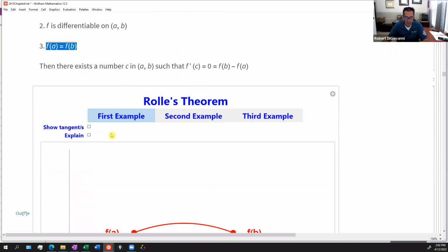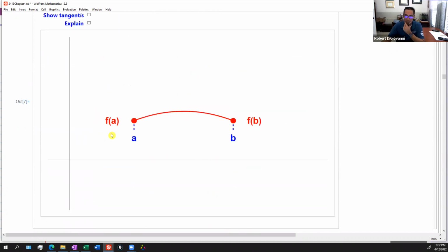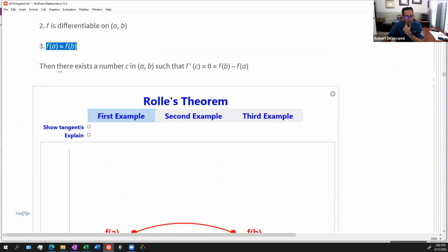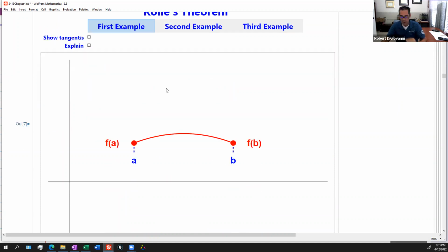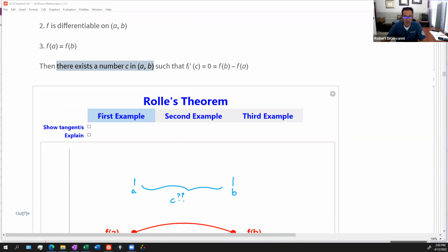Okay, so it's this picture right here. What Rolle's theorem says is that if we have this scenario, there must exist some number C within the interval AB, meaning here's A, here's B, there has to be somewhere in here some C such that the derivative at that value is 0.